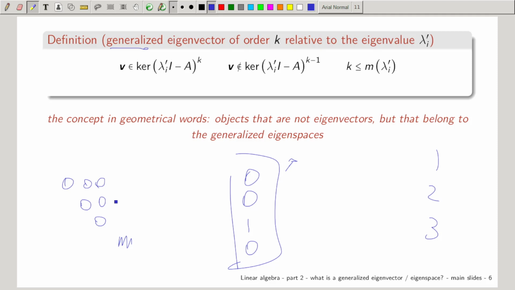Whenever we collect all the eigenvectors in the eigenchains, the number of eigenvectors or generalized eigenvectors is going to be equal to the algebraic multiplicity.